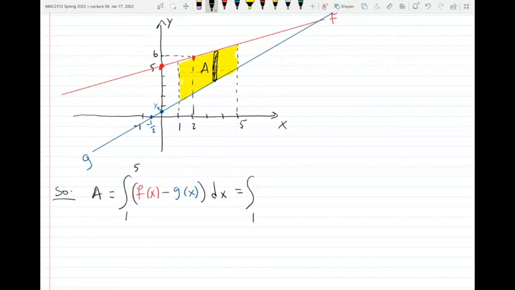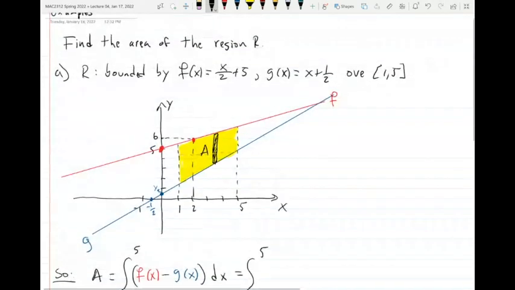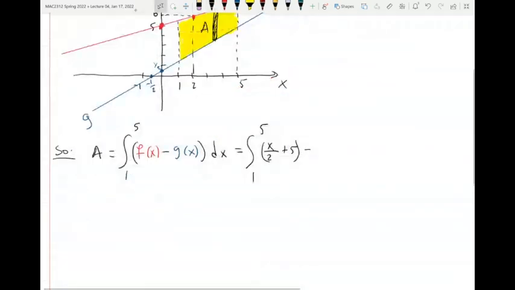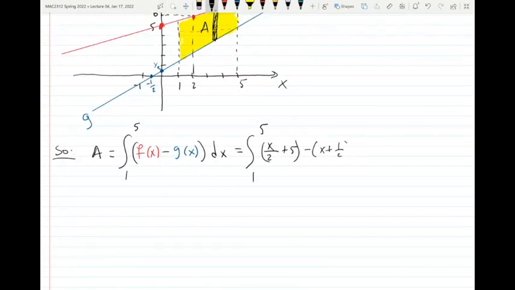Now let's go ahead and calculate. The function f is x over 2 plus 5, and minus the function g is x plus a half, and we integrate it. So combine like terms, and then we do what we need to do.